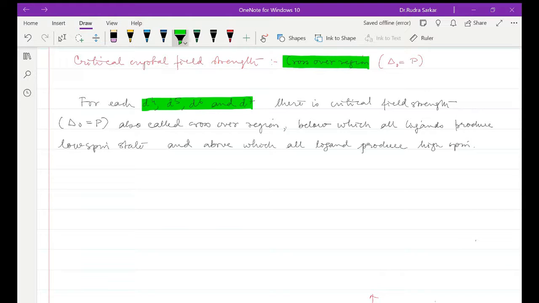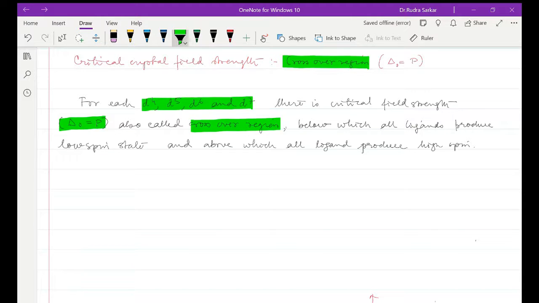There is only one way of filling up the d orbitals. So this critical field strength, wherein delta O is equal to P, is also known as the crossover region. The condition is delta O equals P.